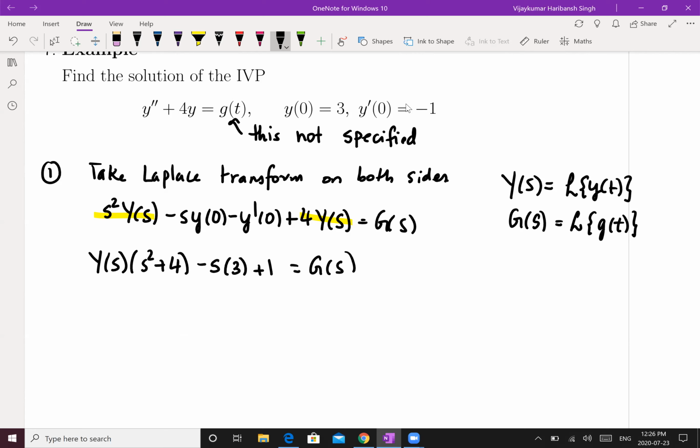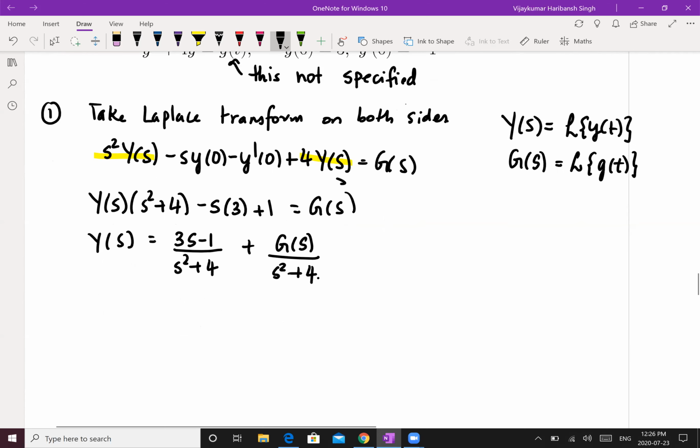Or a little rearrangement can show you that y of s is going to be (3s minus 1), bringing this to the other side, divided by s square plus 4, plus g of s times 1 over s square plus 4. So now we want to compute the Laplace inverse of this function.